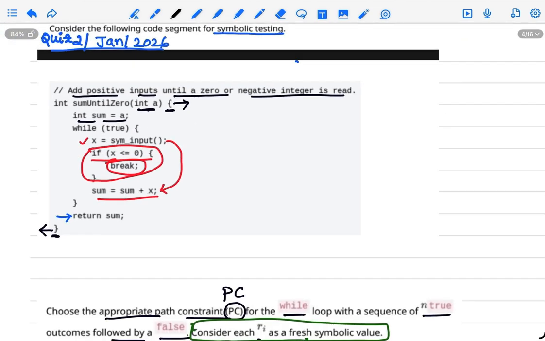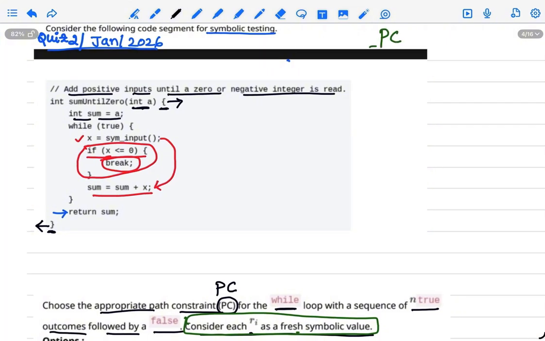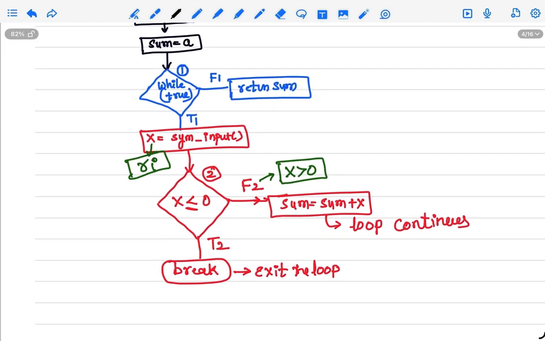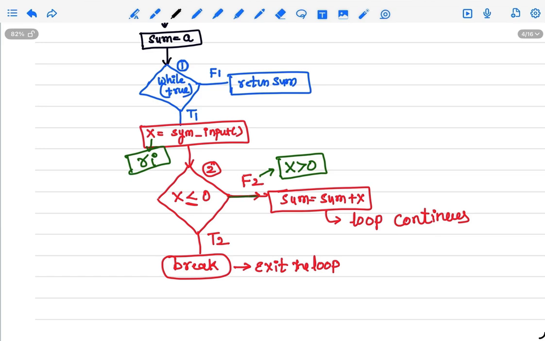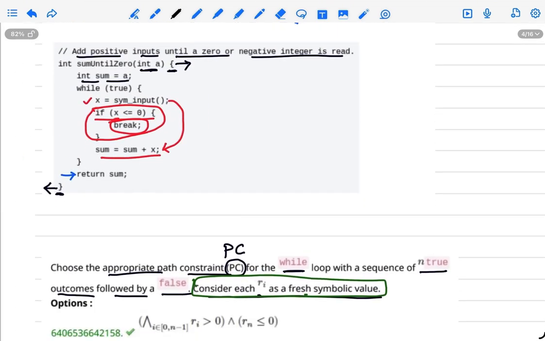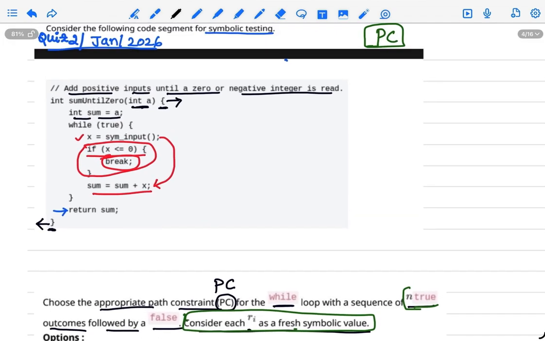We want to find the path constraints. So for path constraints, they consider these branchings: this one F2 condition and T2 condition. So path constraints for the while loop with a sequence of, this one important, n true outcomes followed by a false.